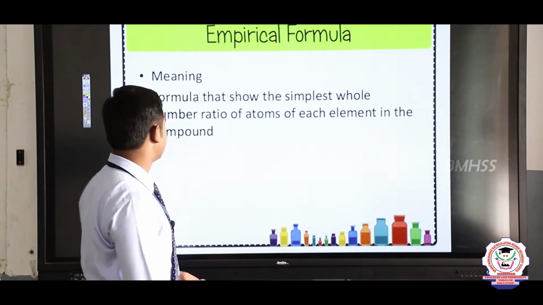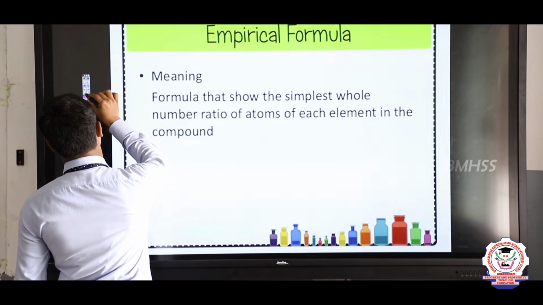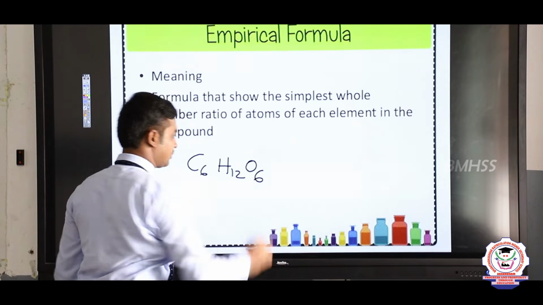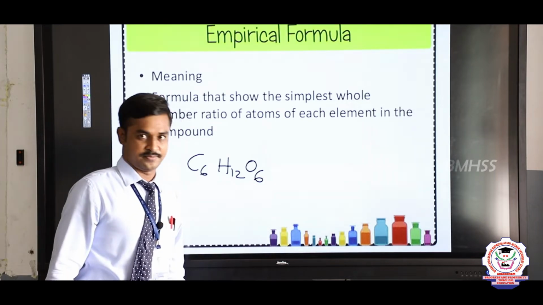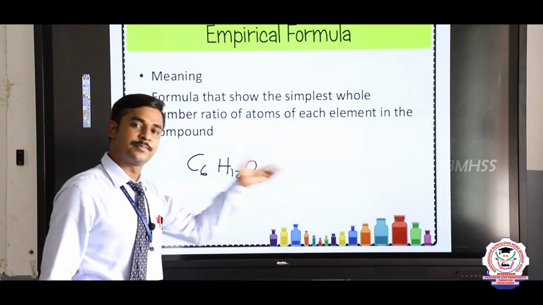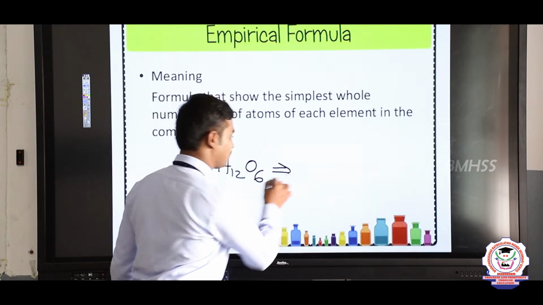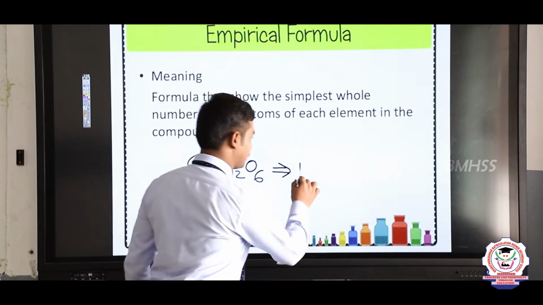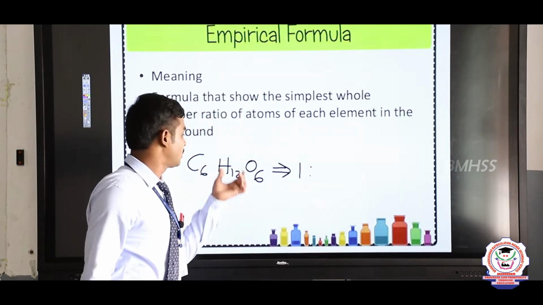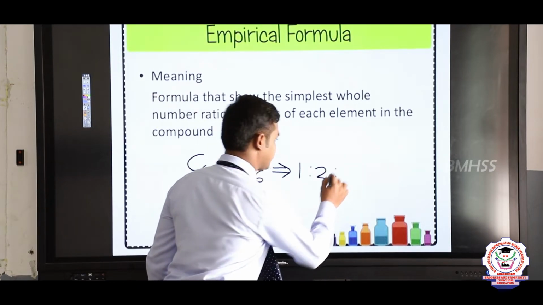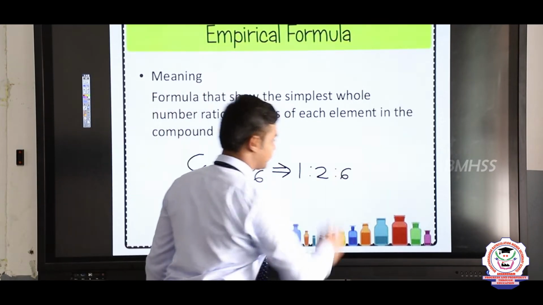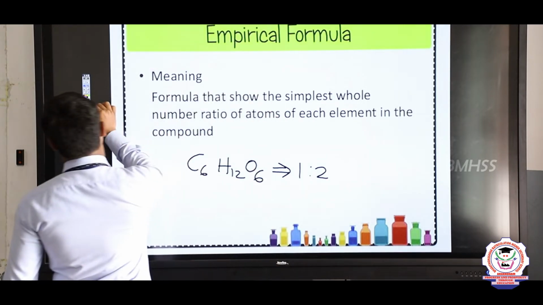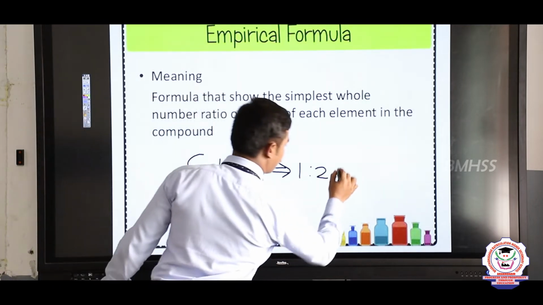For example, C6H12O6 is the molecular formula for glucose, but the empirical formula is the simplest ratio of this compound. The empirical formula is written by the ratio. Carbon is in 1 ratio, hydrogen is in 2 ratio, and oxygen is in 1 ratio.